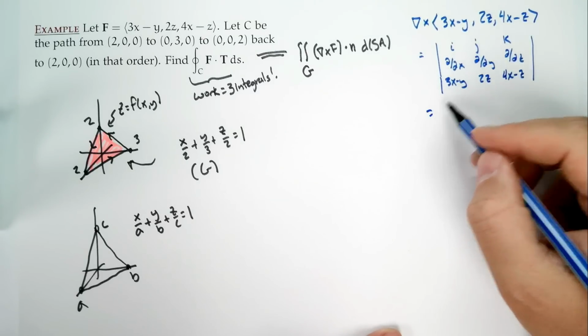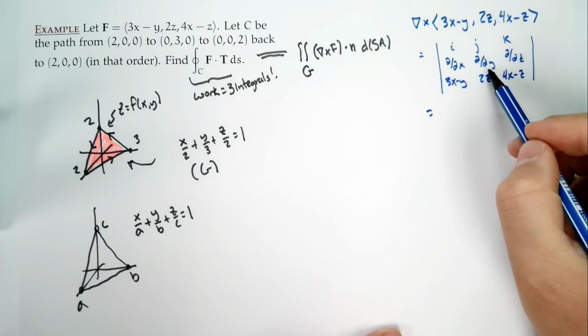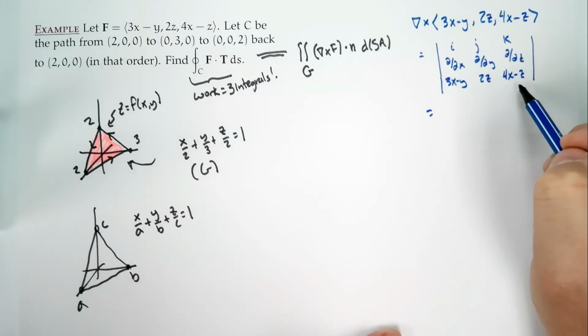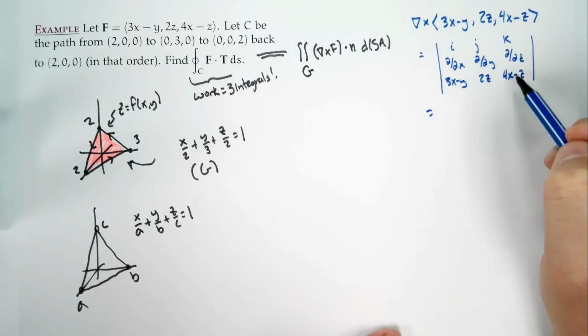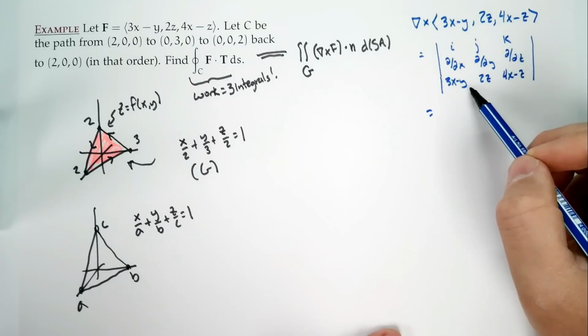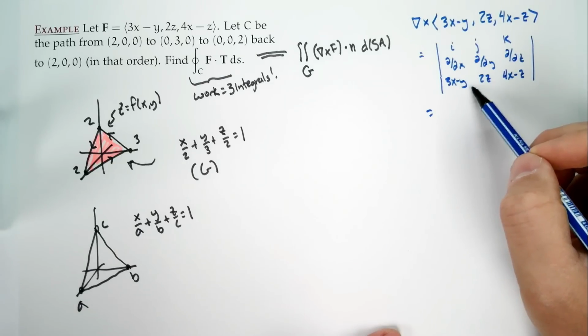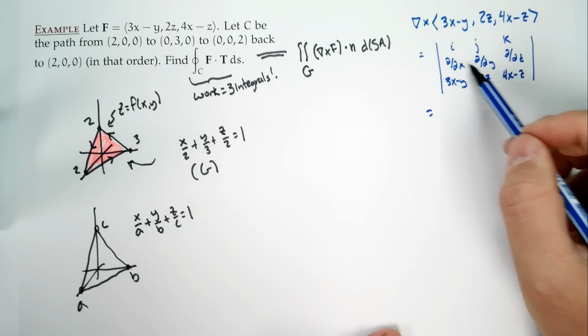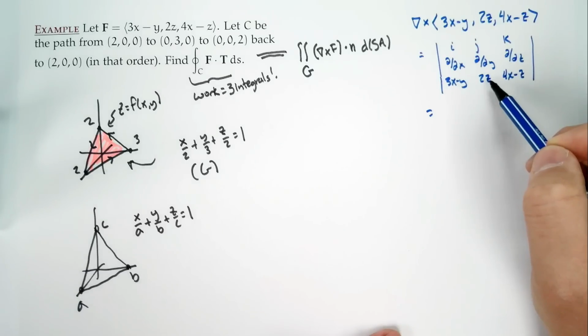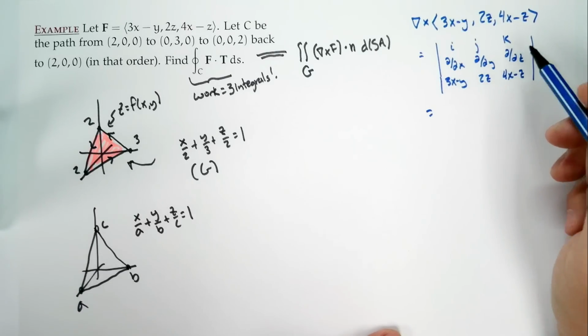All right. So i, partial y, 4x minus z, nothing. There's no y. j, partial z, 3x minus y, nothing, because there's no z. k, partial x, 2z, nothing. Wow. We're really batting 0 here.